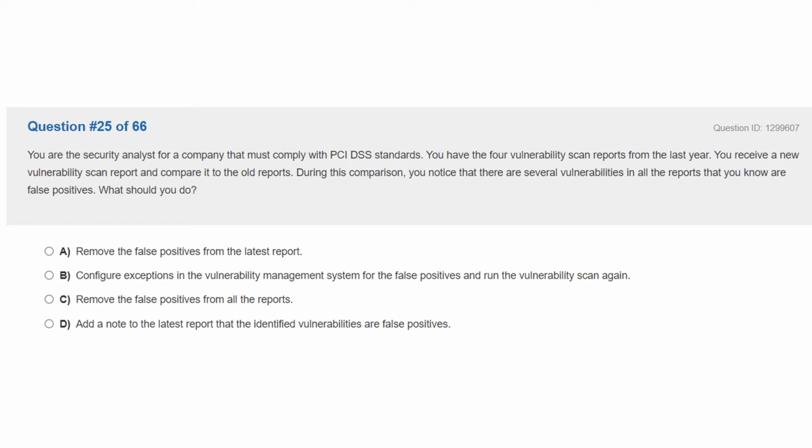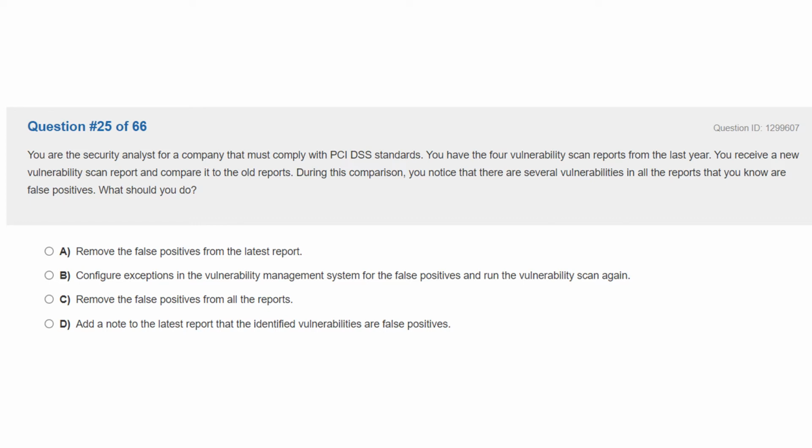Question 25. You are the security analyst for a company that must comply with PCI DSS standards. You have the 4 vulnerability scan reports from the last year. You received a new vulnerability scan report and compare it to the old reports. During this comparison, you notice that there are several vulnerabilities in all the reports that you know are false positives.